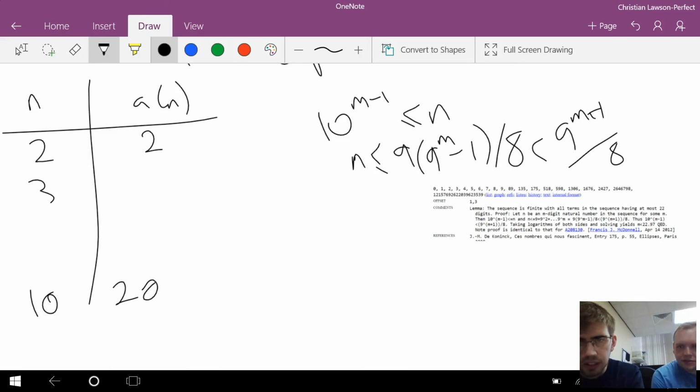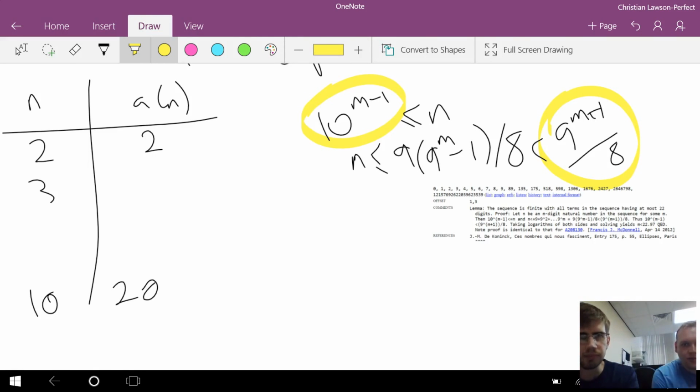Oh, I've got a highlight tool, haven't I? There we go. That and that are the lower and upper bounds.